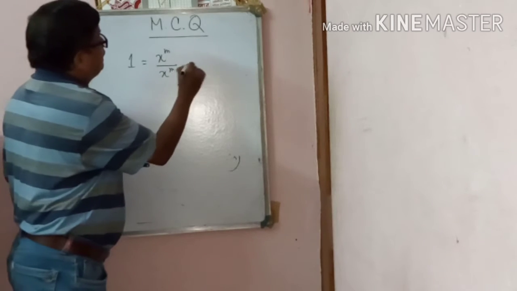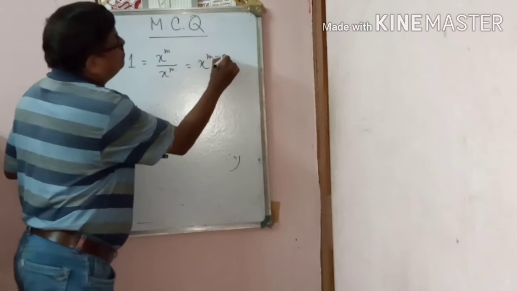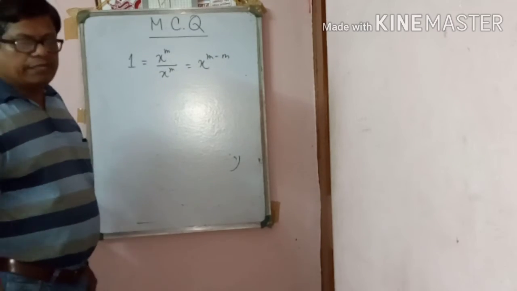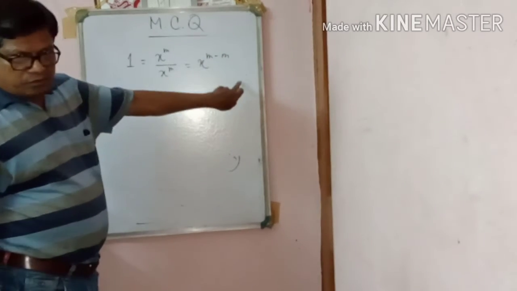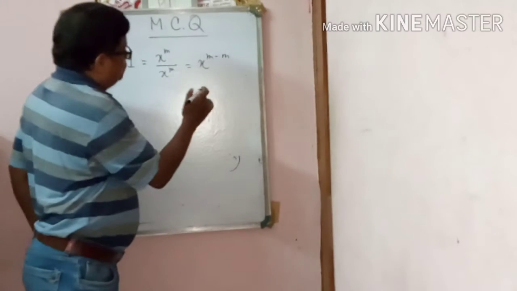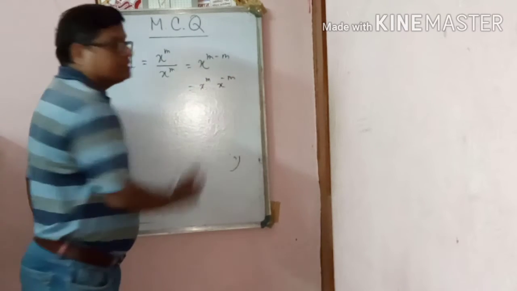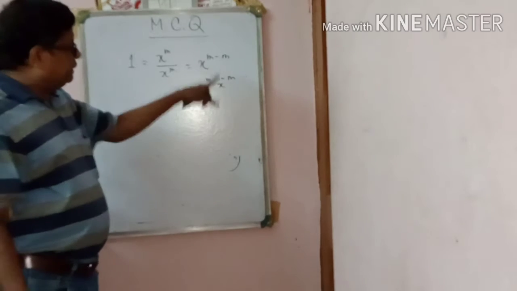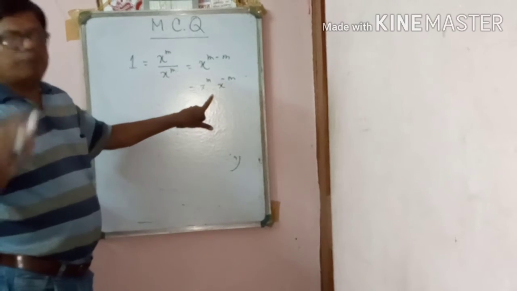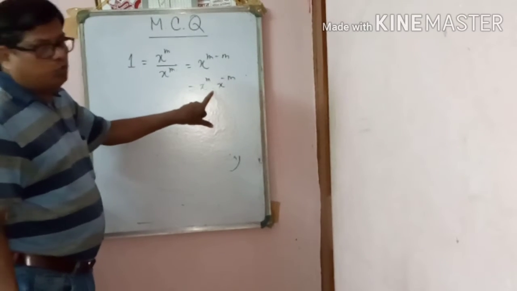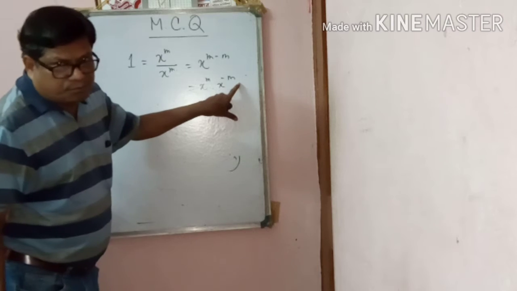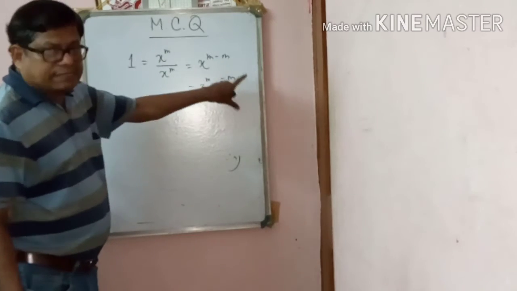So it can be x to the power m minus n, as a division rule. So this part we can write, according to the multiplication rule, x to the power m into x to the power minus n. Okay, so m minus n.